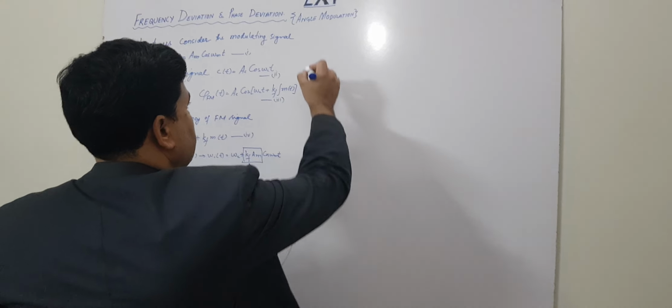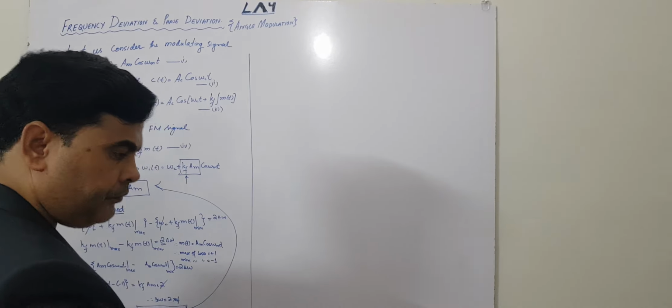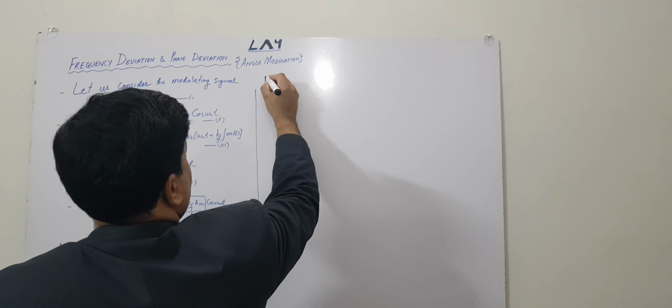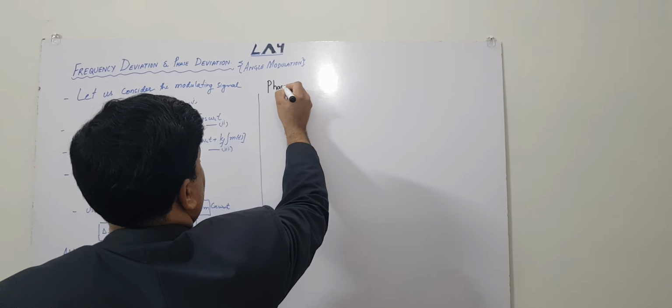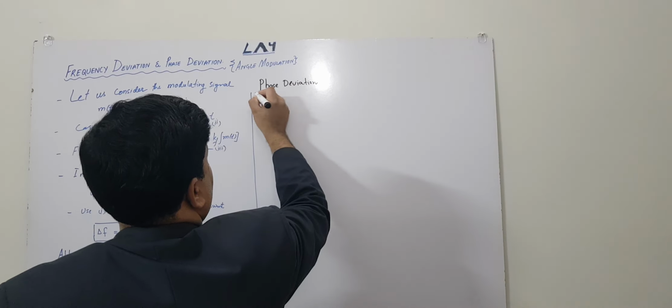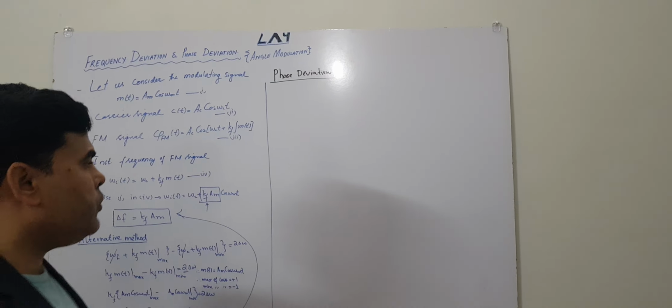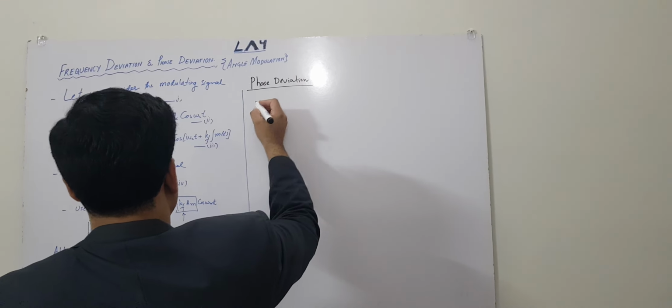The second is the phase deviation. Now, in order to calculate the phase deviation, you need to write again the modulated signal.